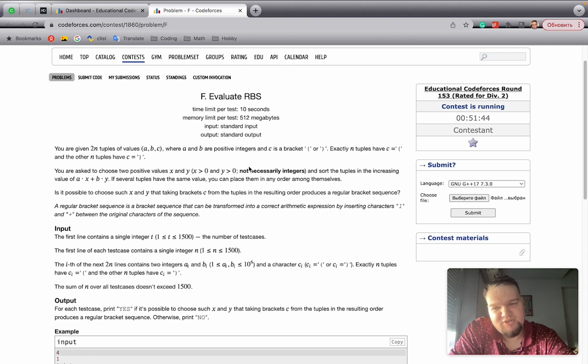Because we can have collinear points. We can even have coincident points.